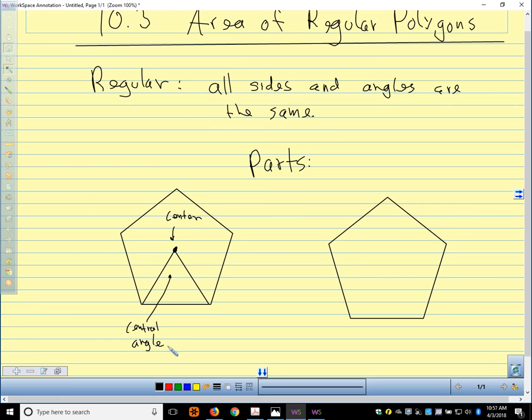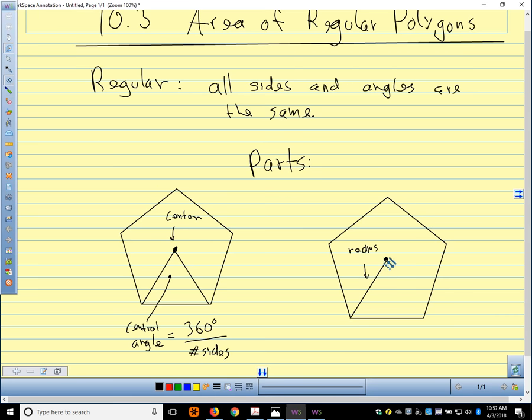And we've talked about central angles of regular polygons before when we talked about our polygon angle formulas. The central angle of a polygon is 360 degrees divided by the number of sides. And I'm going to put a couple other parts on this one. We call the segment that goes from the center to a vertex a radius.